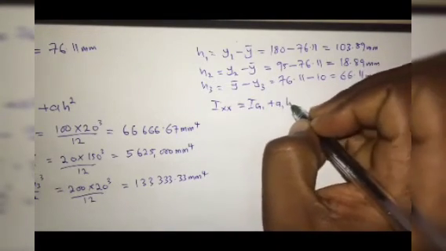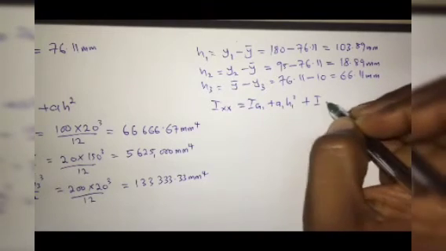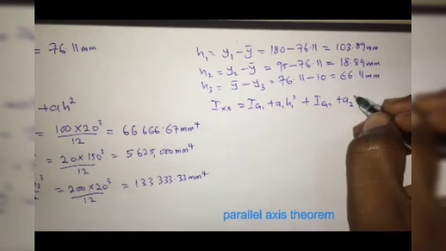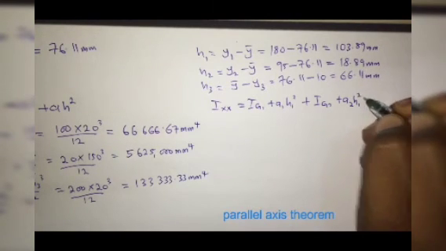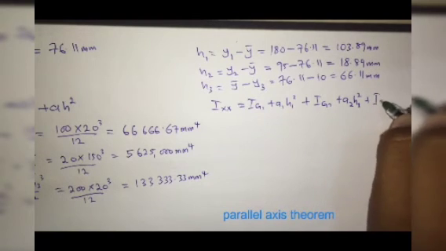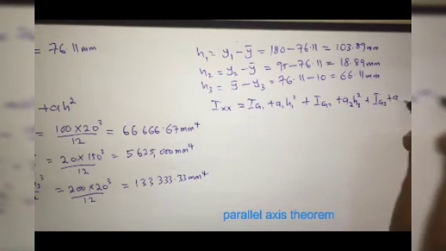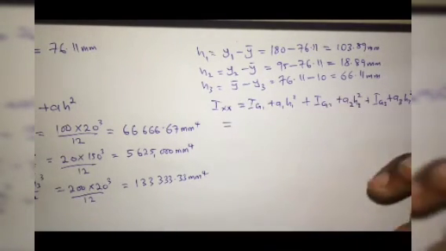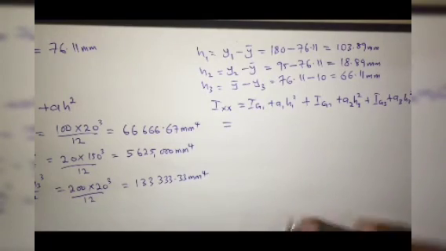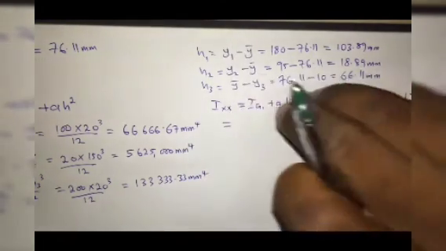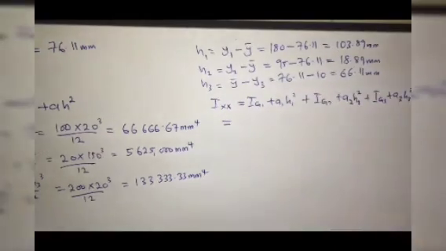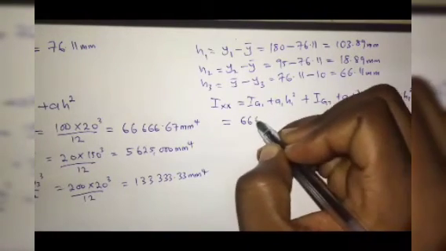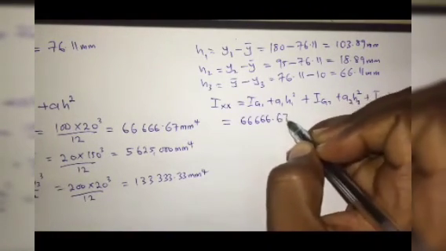Expanding the formula, we have Ix equal to Ig1 plus A1 H1 squared plus Ig2 plus A2 H2 squared plus Ig3 plus A3 H3 squared. So you fix the values of the Ig's, the values of A, and the values of H, and substitute everything here, as you can see.